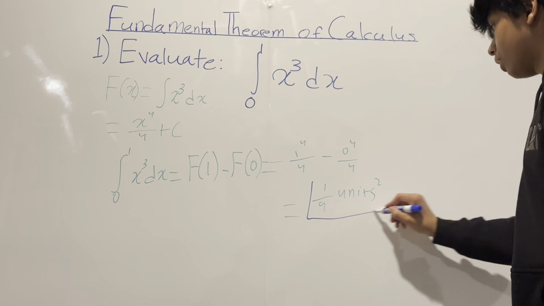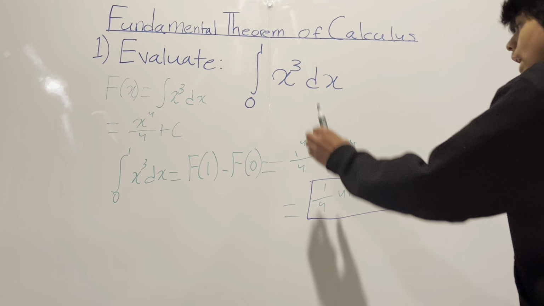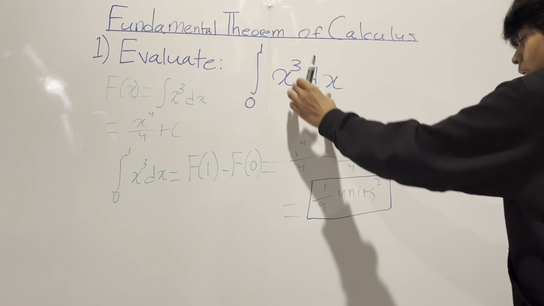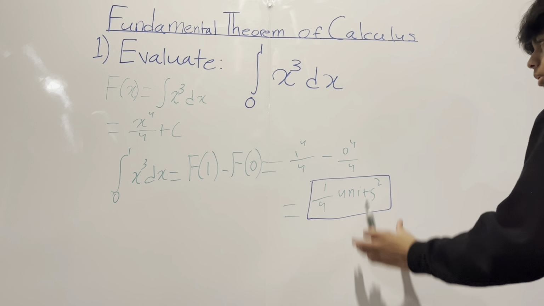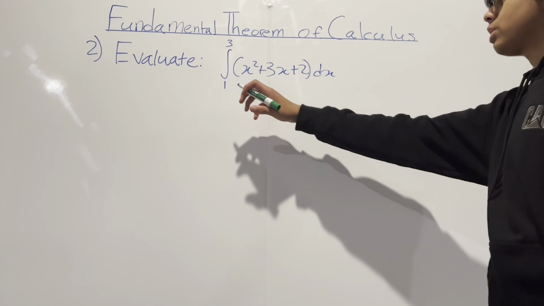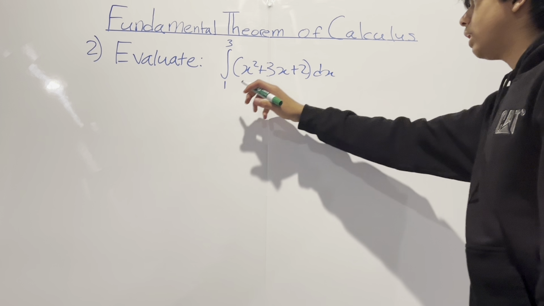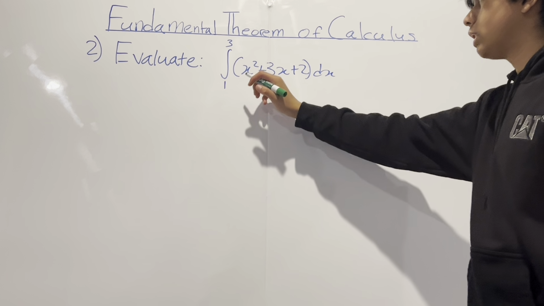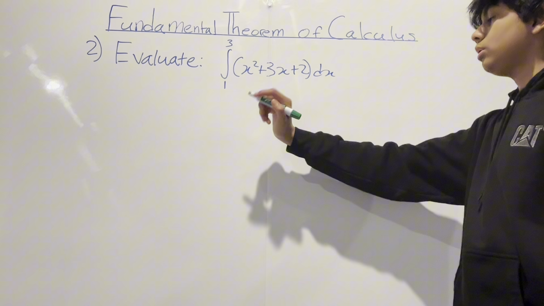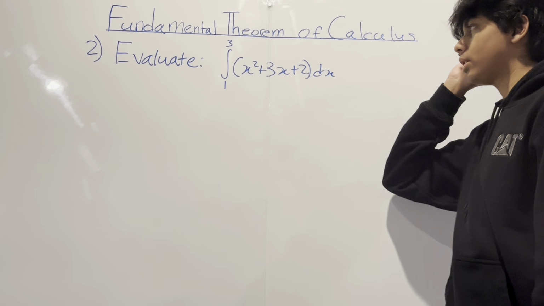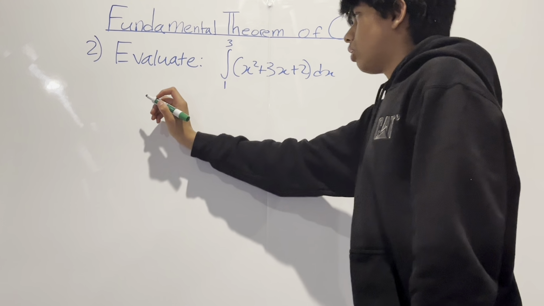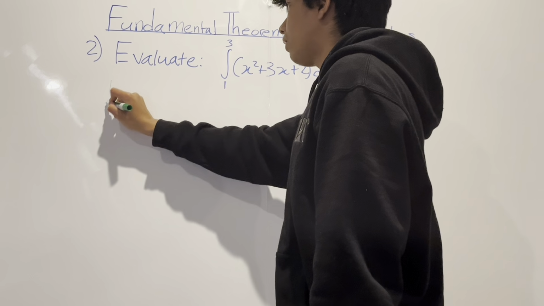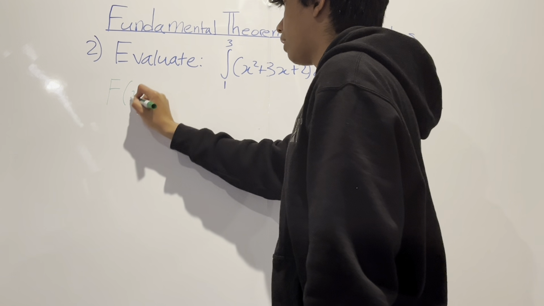So the area under the curve of the function x to the 3 from the bounds 0 through 1 is 1/4 unit squared. Okay, let's look at question 2. We have evaluate the indefinite integral of x squared plus 3x plus 2 dx in the bounds 1 to 3. So once again, let's use the fundamental theorem. First let's find our antiderivative, and we'll set that equal to F of x.